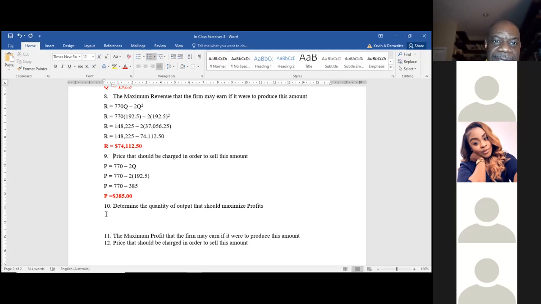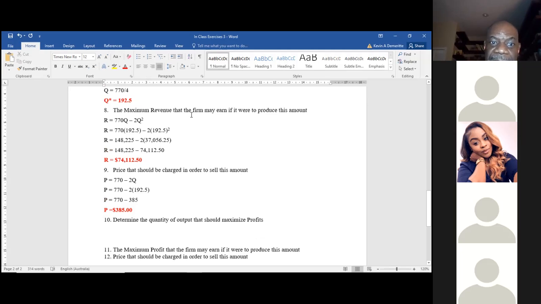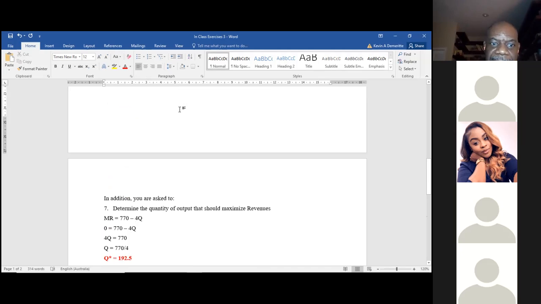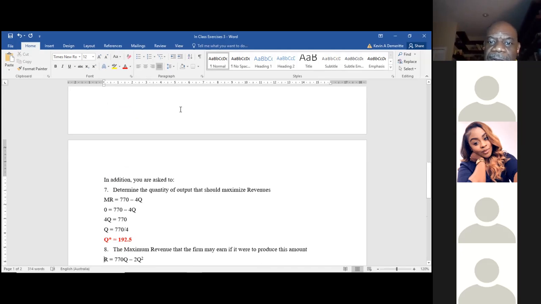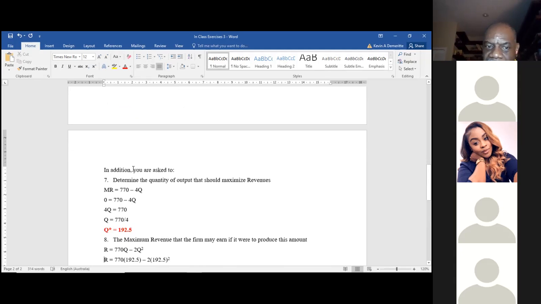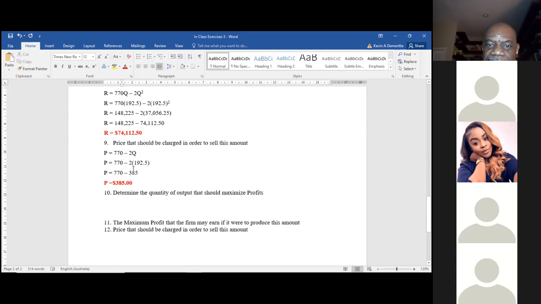So we scroll up and see. To maximize revenues, here it is. Determine the quantity that would maximize revenues. We took our marginal revenue equation, set it equal to 0, and solve. So to determine the quantity of output that will maximize profits, what do we do?